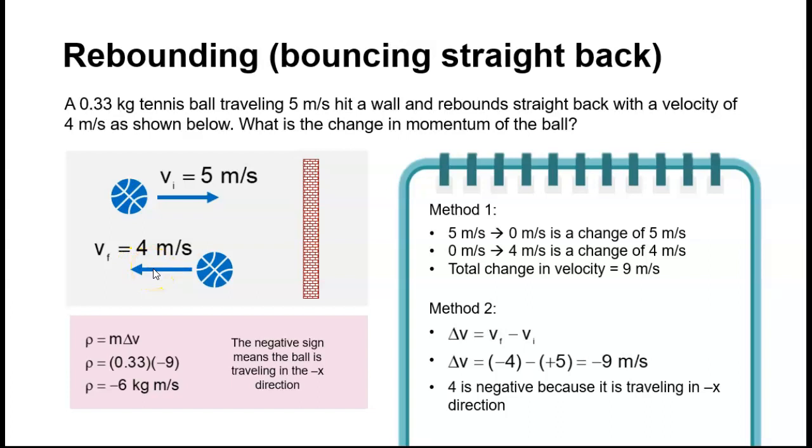So that last negative sign in your answer isn't super important when someone says, what is the change in momentum? But it tells you the direction of the ball at the end of the story. All right, so this was an example of something that is rebounding straight into the wall and straight back.